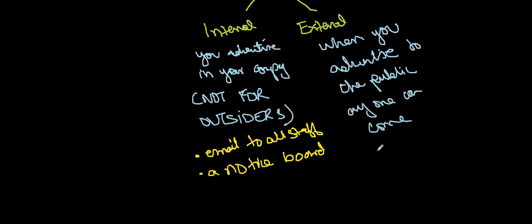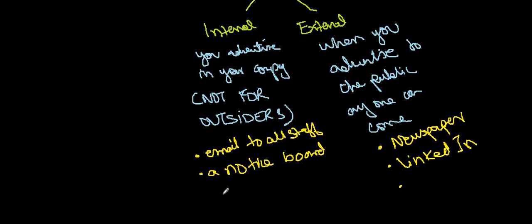But external is when you advertise on newspaper, LinkedIn, one of the applications, through other various means, and we'll discuss all these various means step by step. For example, magazines. You would advertise it through magazines. People who are looking at magazines, they'll say, wow, there is this job, we would want to. Then it's recruitment agencies.